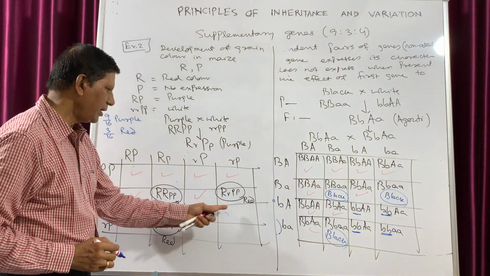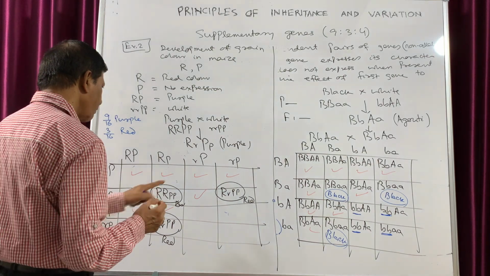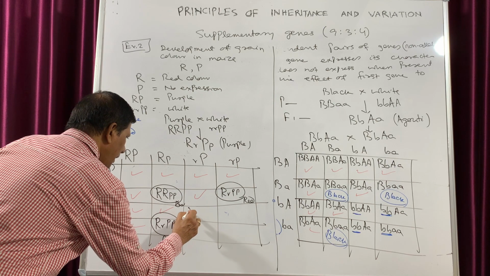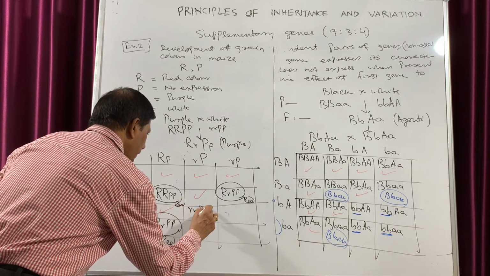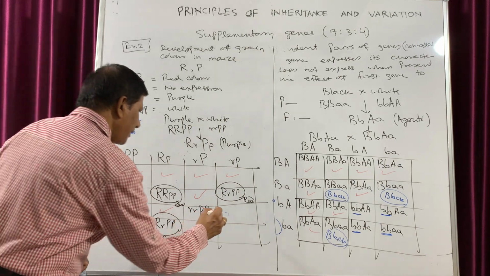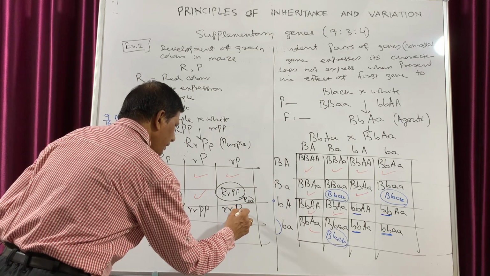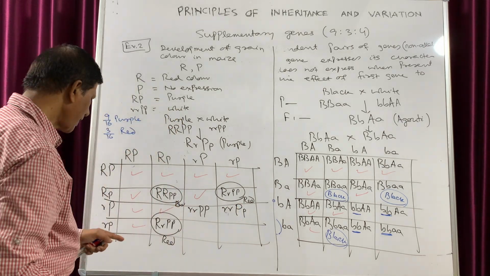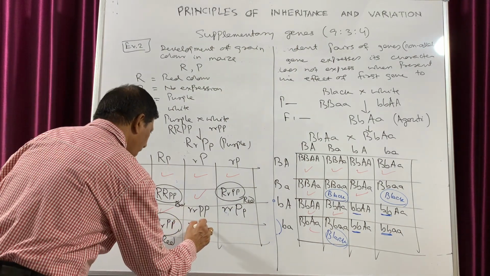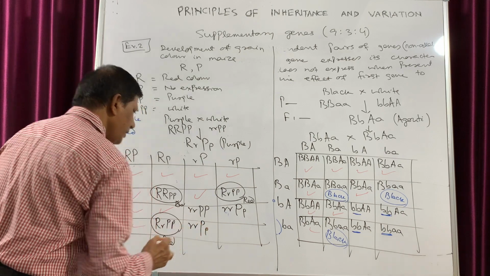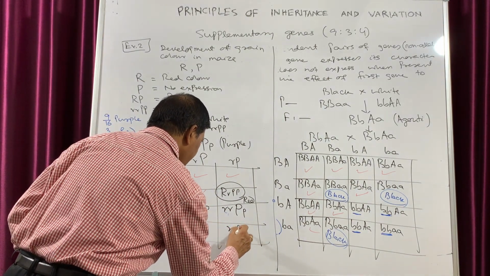Now see in these 4 cases, what is happening, you see? From this side, small r is coming, but the P is present in dominant form. And here the r is in lowercase, and one P is dominant, the other is recessive. And here the r, both are in lowercase, and one dominant gene P is there, the other is in lowercase. And here all the 4 are in lowercase.